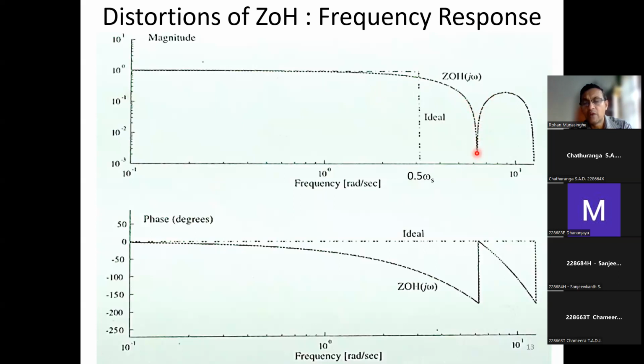So this is when you have 180 degrees out of phase. You can see it over here. This is the phase, right? When you go to 0.5, half of the sampling frequency, you have this much of phase loss. And then phase loss can be 180 degrees, like over here, at a certain frequency.